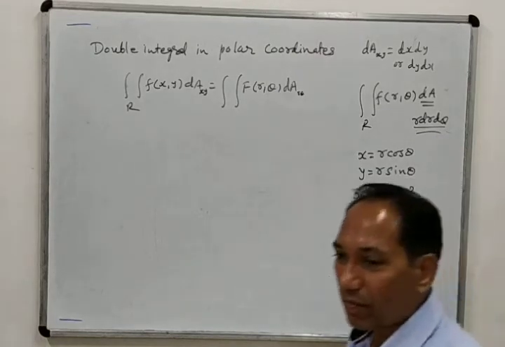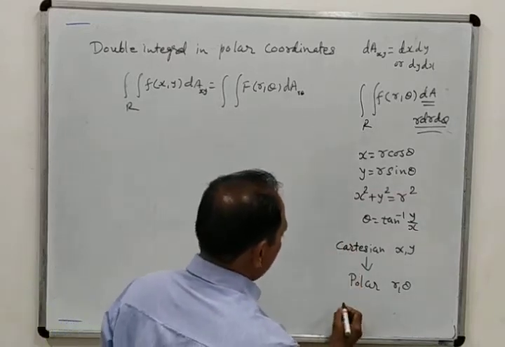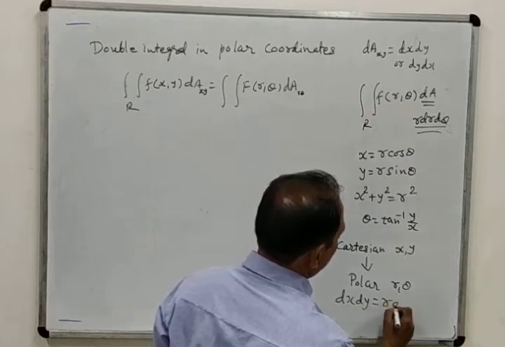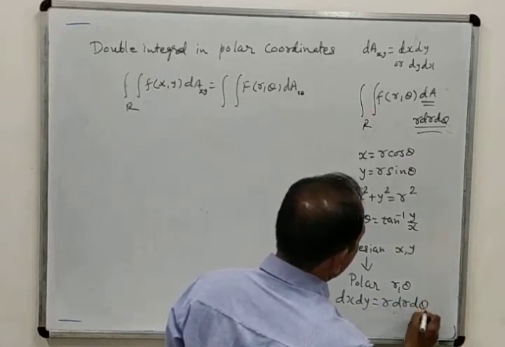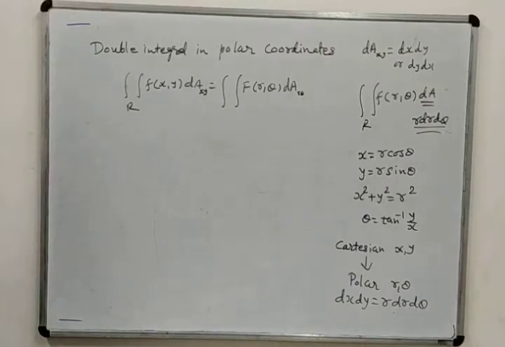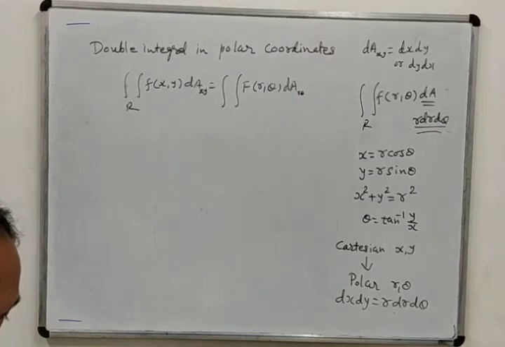So if we are given dx dy, we have to write it as r dr d theta. This will be understood directly by considering an example.